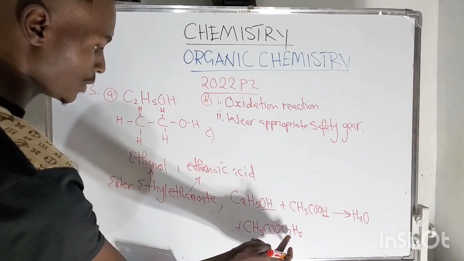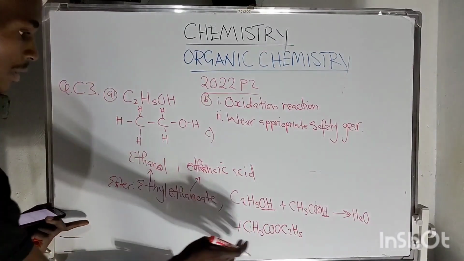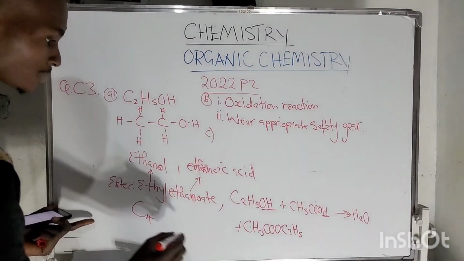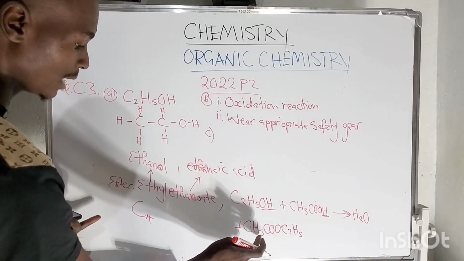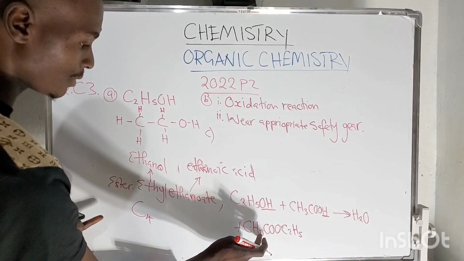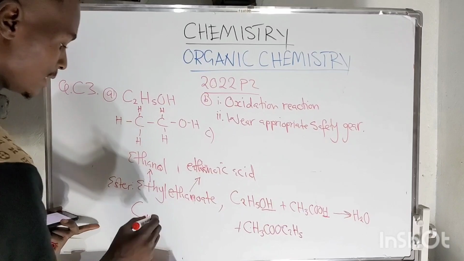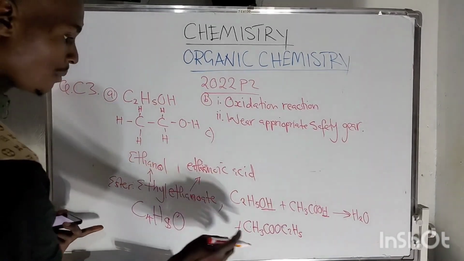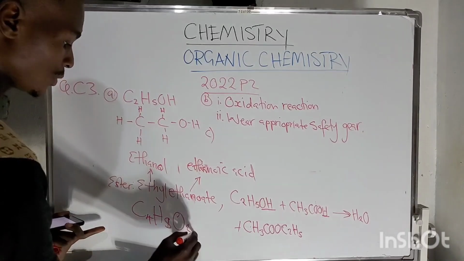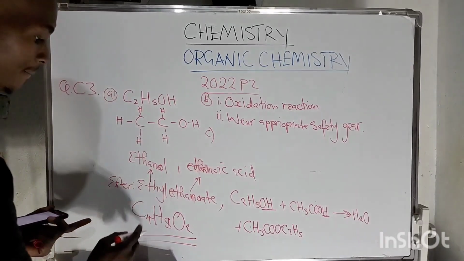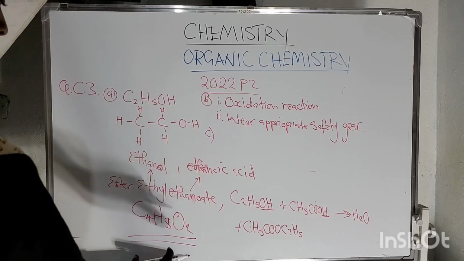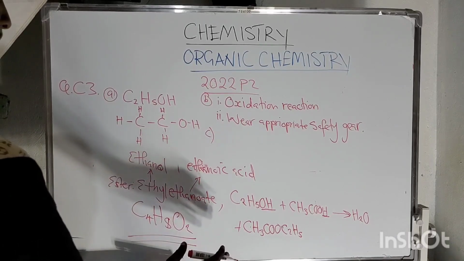So the formula for ethyl ethanoate has C4. How many hydrogen atoms? You have 3 plus 5, 8. So C4H8, and how many oxygen? 2. So C4H8O2 is the simplified formula for ethyl ethanoate.